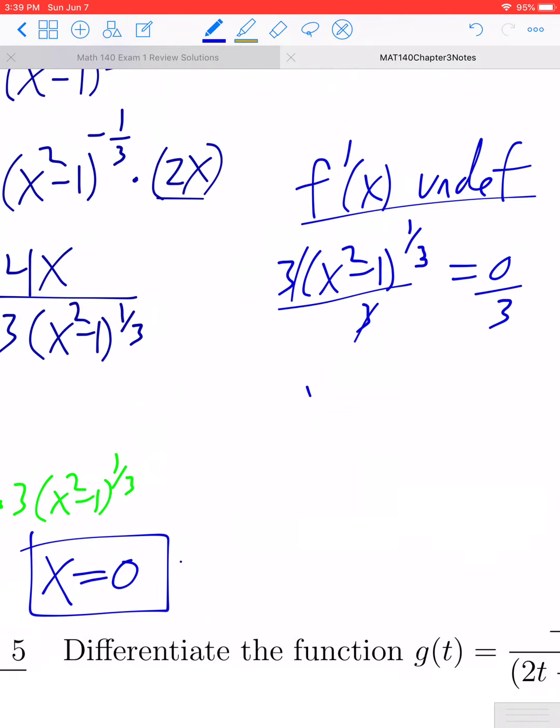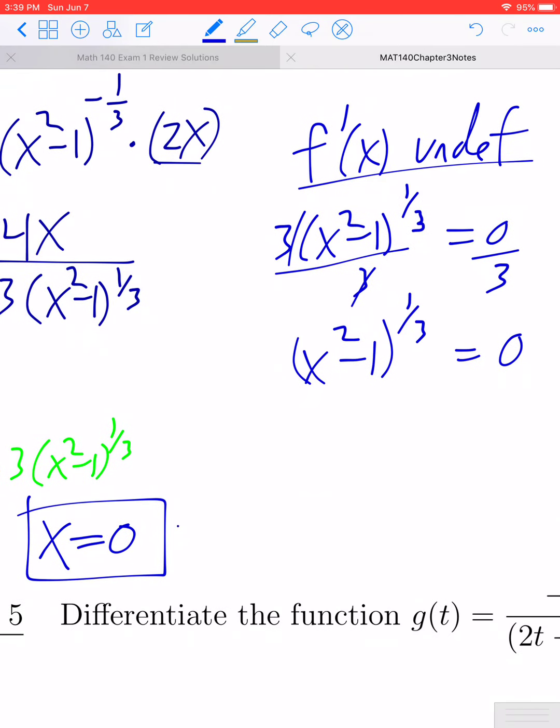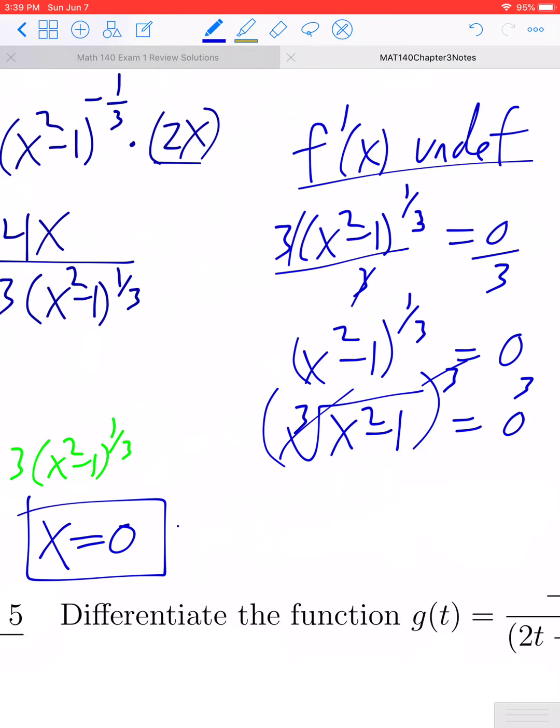These cancel. We get x squared minus 1 to the 1/3 equals 0. To get rid of a 1/3 power, you can go back to thinking of it as a cube root. The opposite of a cube root would be to cube both sides. We get x squared minus 1 equals 0.